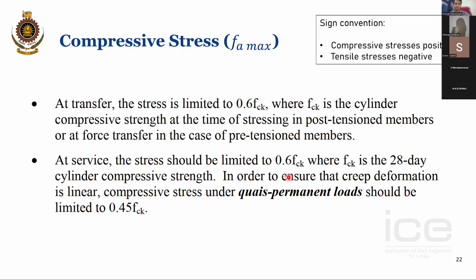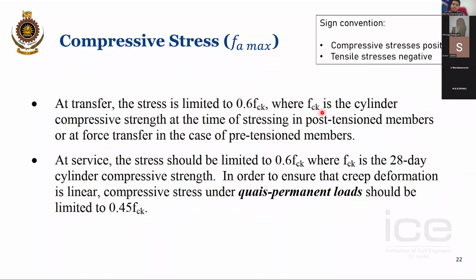So for the concrete code, or the Euro code that governs pre-stress design, what it tells us is that at transfer, the FA max, the maximum stress that the concrete can take, may be limited to 0.6 times FCK, the characteristic compressive strength of concrete, 60% of that, because we are doing the design at the serviceability limit state.